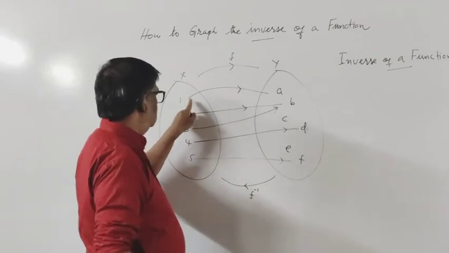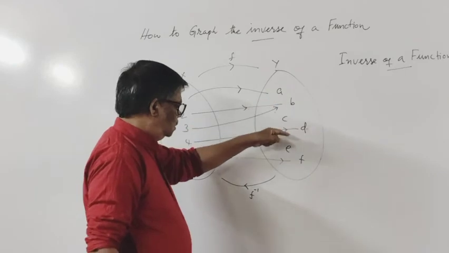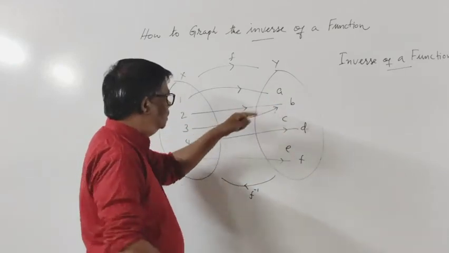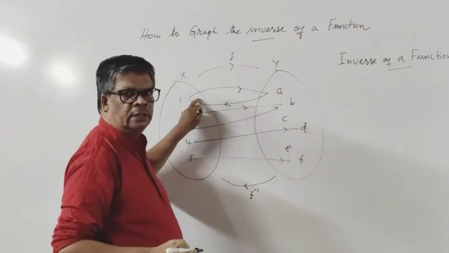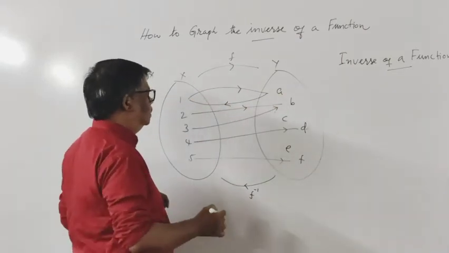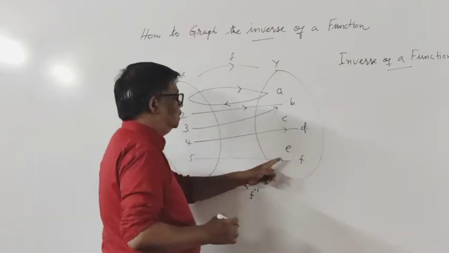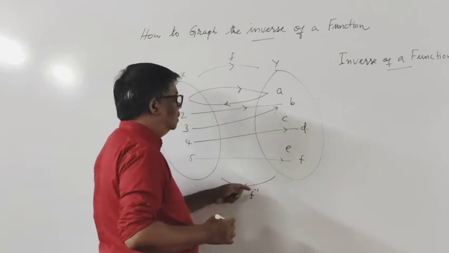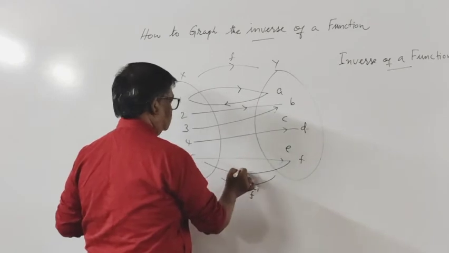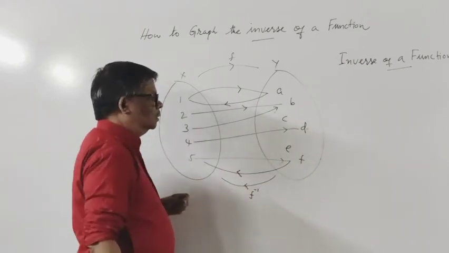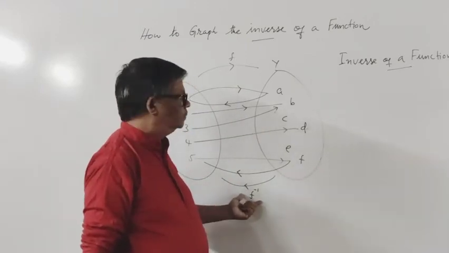Here we have 1 is assigned to A. In f inverse, the reverse will happen. A will be assigned back to 1. Similarly, for example, again, 5 is assigned with F. In the reverse order, F will be assigned with 5. So, this is called the f inverse.